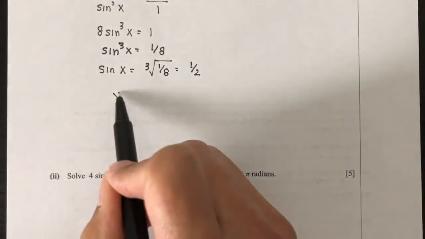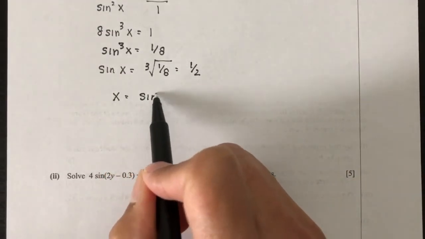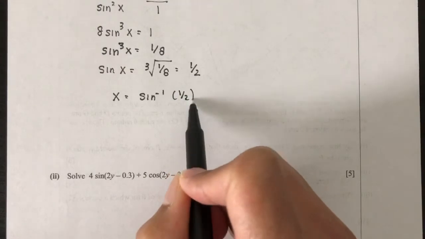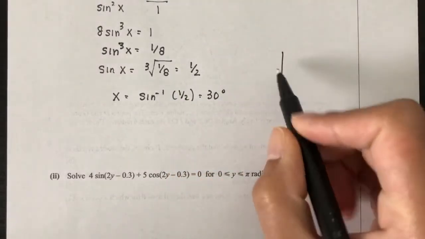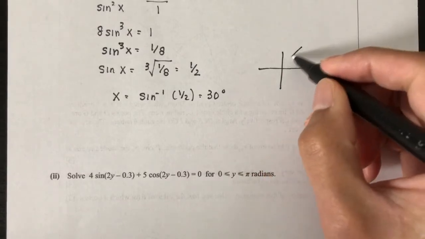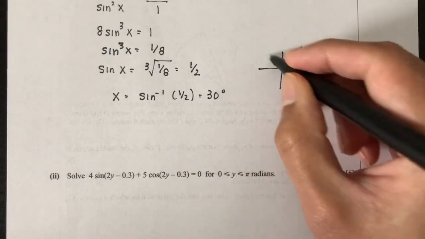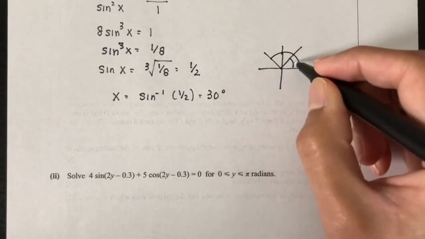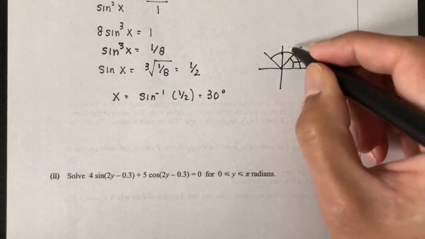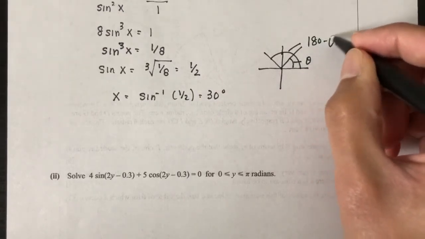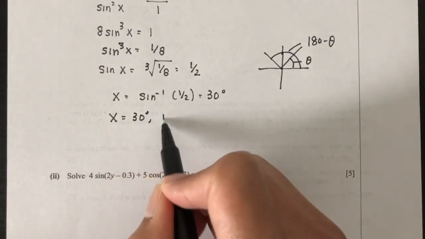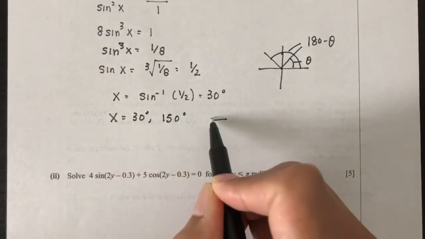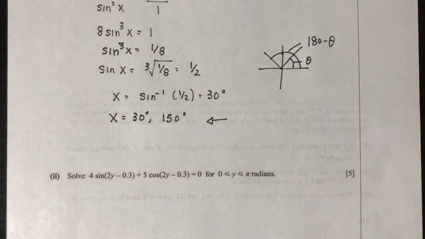Now x will be sine inverse of half, which is 30 degrees. And since the value of sine is positive, it will be in your first quadrant and in your second quadrant. This is the value of x, and this is 180. So x can be 30, but also it will have to be 150. And that is your answer for part 1.